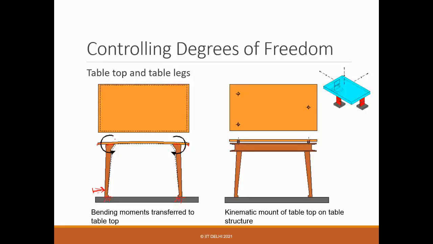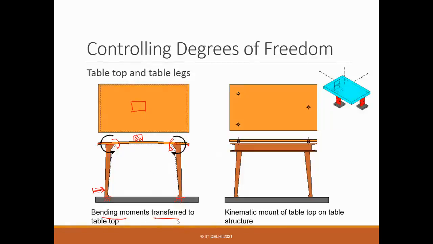So anything there will get transmitted here, and because of that it will deform. So suppose you put an object here, it will also deform. And suppose it's a very precise piece of equipment, the reading, the measurement, everything will get affected, right? So this is the problem, and this is because the bending moment is getting transferred.